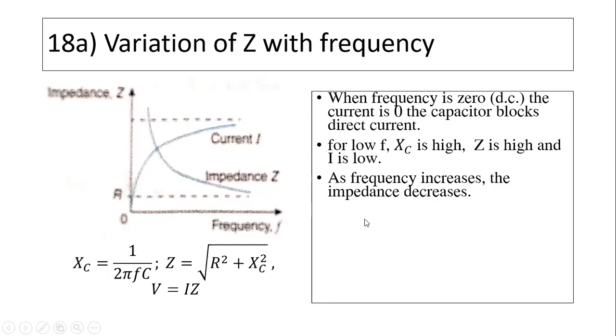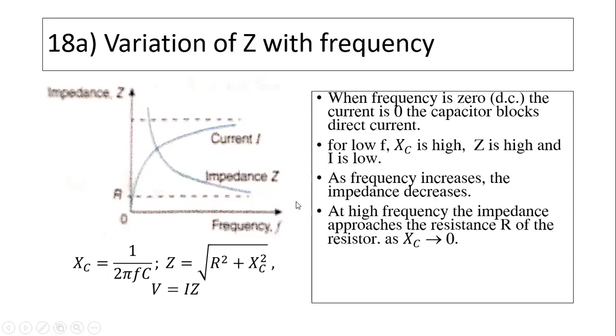As frequency increases, you can refer to the graph, the impedance decreases. At high frequency, around here, the impedance approaches the resistance R, because at high frequency XC tends to go very small, almost to 0.